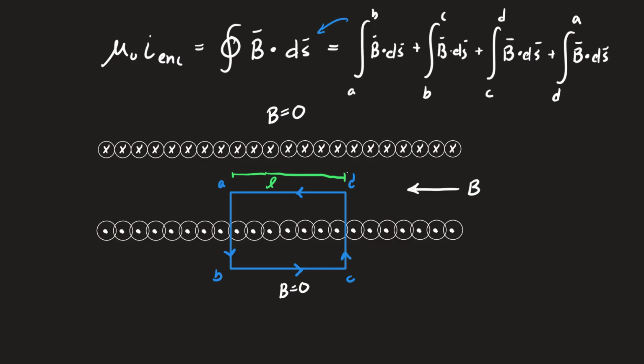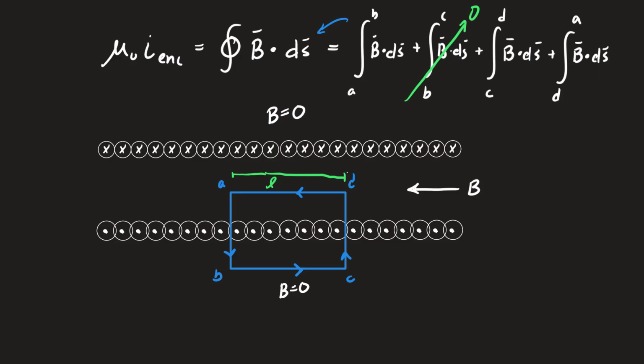So our dot product, I guess, could be considered to be 0, but it doesn't really matter because there's no magnetic field. So because there's no magnetic field, that particular line integral from B to C is going to resolve to be 0. Now let's handle, I put it in the wrong spot. Let's put it in the right spot. There, from B to C. Now it's going to resolve to be 0.